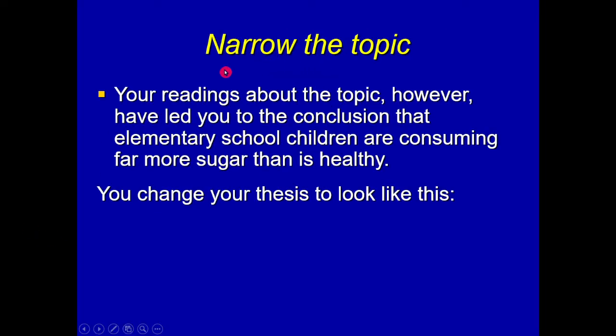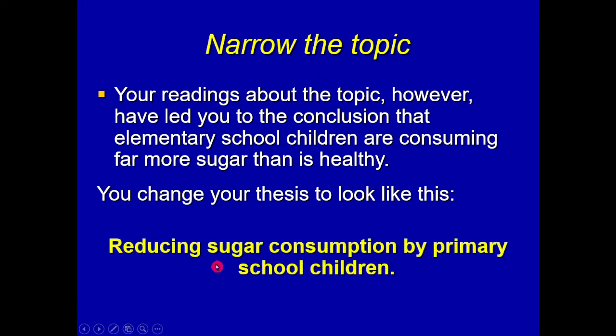So first you have to narrow the topic. Your reading about the topic, however, has led to your conclusion that elementary school children are consuming far more sugar than is healthy. You change this statement to look like this: reducing sugar consumption by primary school children. So first your topic is sugar consumption.